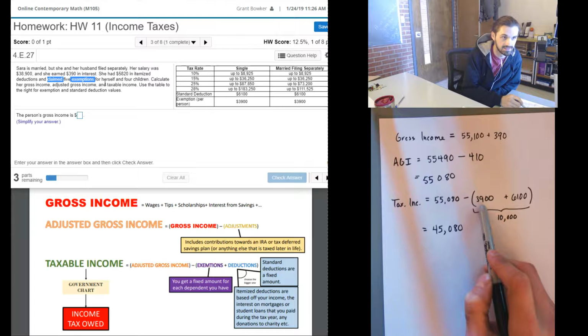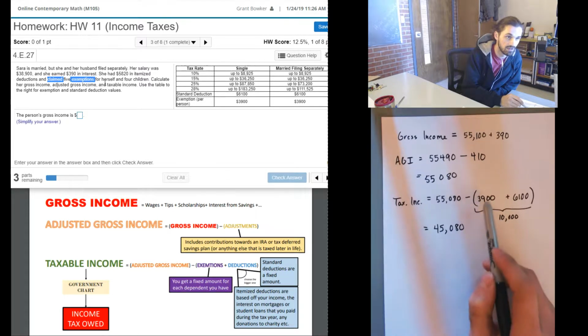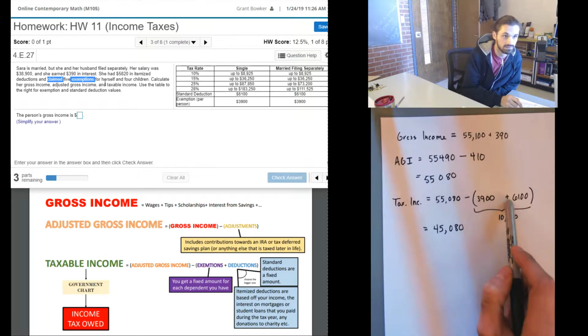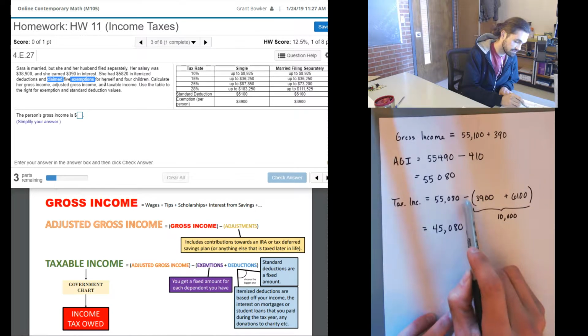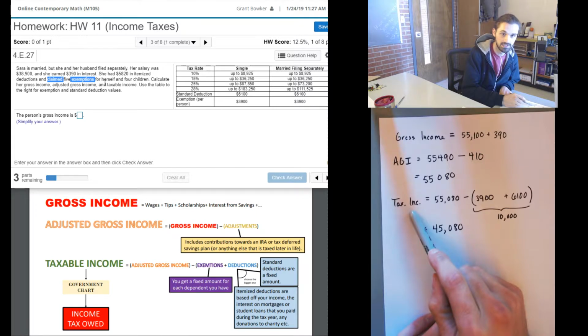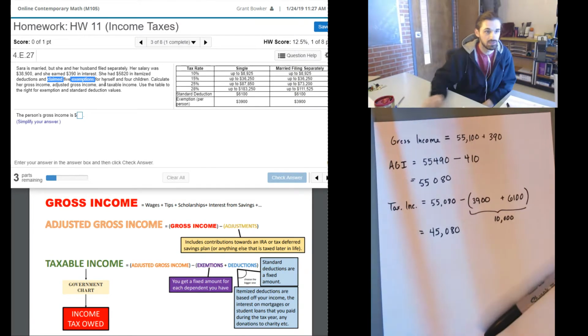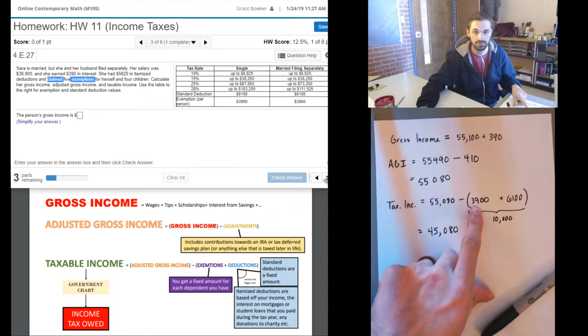So in this problem, you would take the $3,900, multiply it by 5, since there are 5 exemptions, and then add the standard deduction, and that total is what you get to remove from your adjusted gross income to find your taxable income. Keep in mind, in this one there are 5 exemptions, whereas the last one we only had 1 exemption.